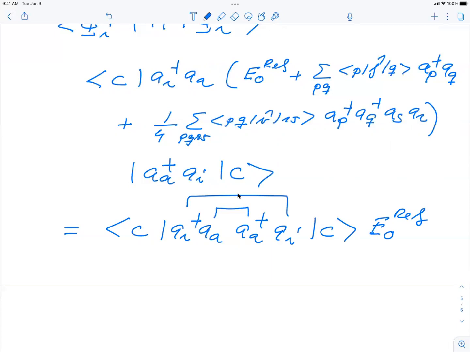Now, this is a case where we can read off immediately. We know that I is a state below the Fermi level, so we cannot contract I with A, so that doesn't work. And that also means that the only possibility we have now is A with A and I with I. And when we have states below the Fermi level, the only contraction which is non-zero is the one where we have the annihilation operator to the left here, not to the right, and the creation to the left.